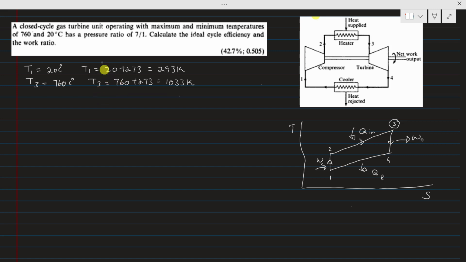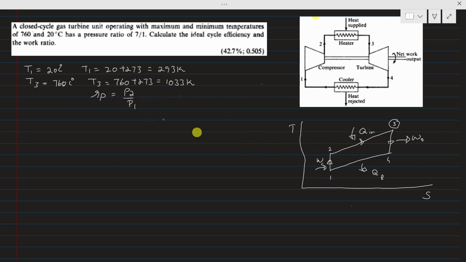Next thing that has been given in the statement is the pressure ratio, which is 7:1. So it means that the pressure ratio P2 by P1, remember this is a constant pressure line, and this is also a constant pressure line, and the pressure ratio of these two constant pressure lines is 7:1.